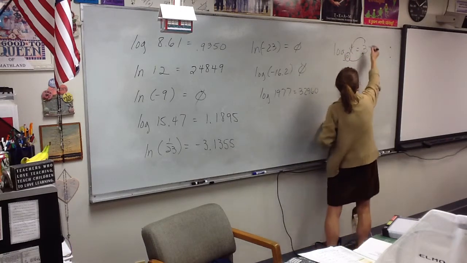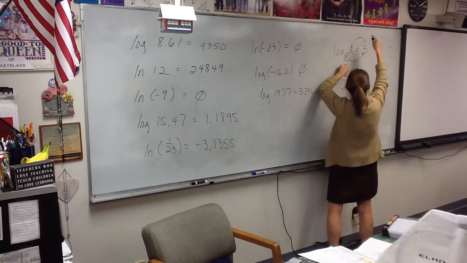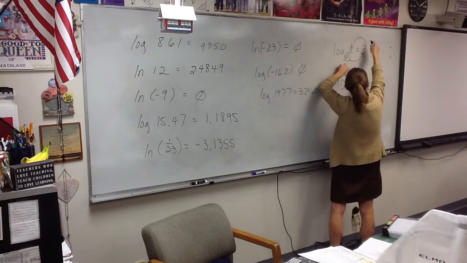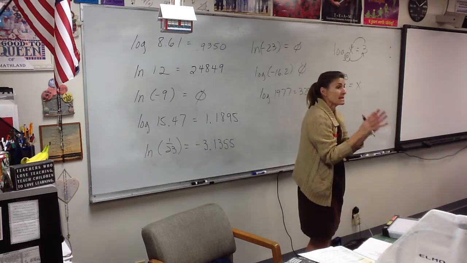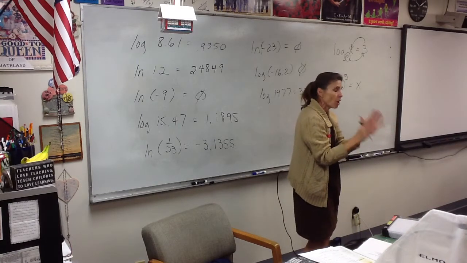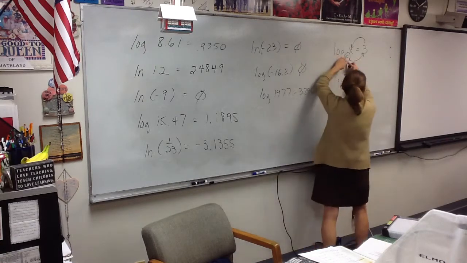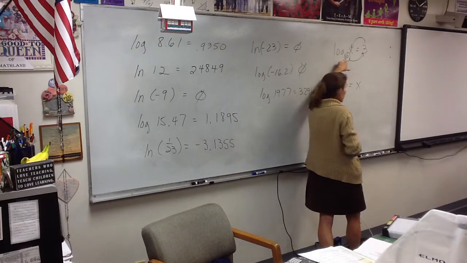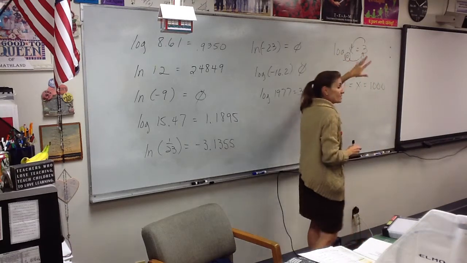So watch how my hand flowed making that equation. It's 10 to the third is x. That's the way we translate a logarithmic equation into its exponent form. 10 to the third equals x. Well, shoot, that's easy. What's the answer then? 1,000. So the answer to the problem is just 1,000.